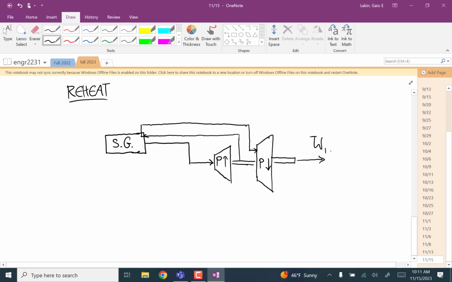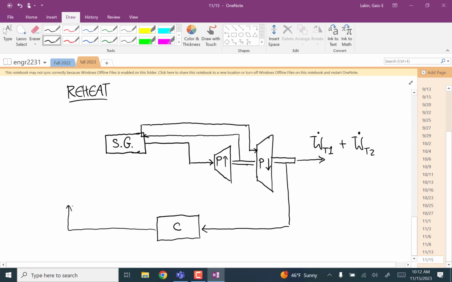We can think of this as the work from turbine 1 plus the work from turbine 2. That's the total work that you get out of this. After that, everything looks the same. So now we go to the condenser. And then to the pump. And back to the steam generator.